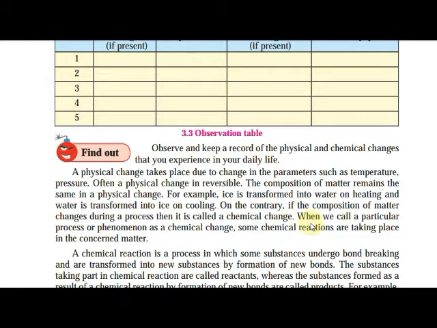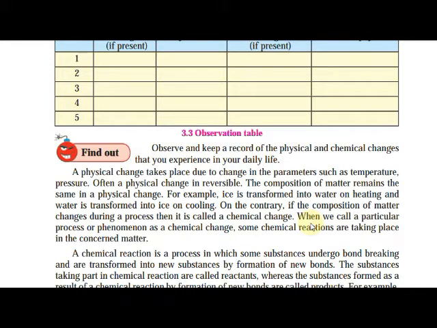The composition of matter remains the same in a physical change. For example, ice is transformed into water on heating and water is transformed into ice on cooling.